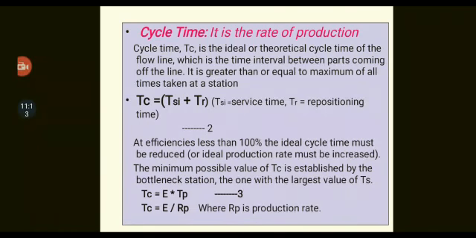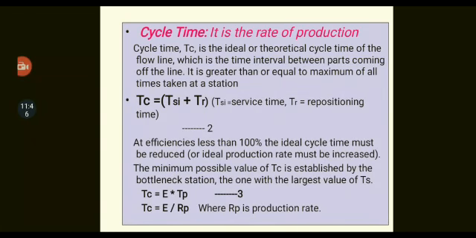The minimum possible value of TC, the cycle time, is established by the bottleneck station, B1, with the largest value of TS, and TC is given by E into TP.